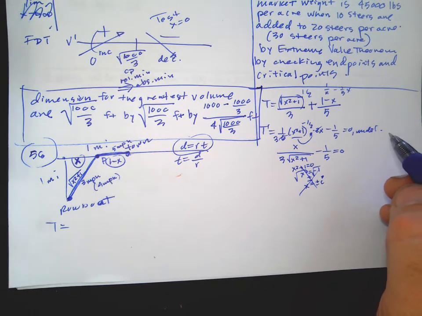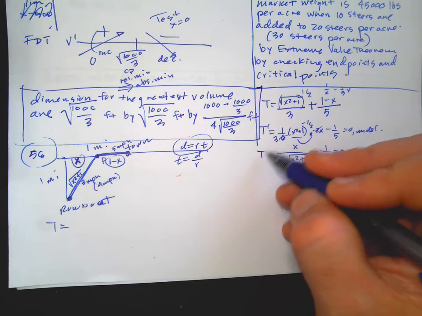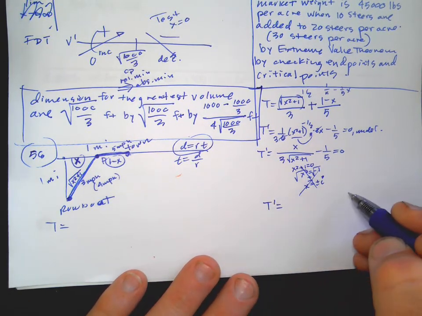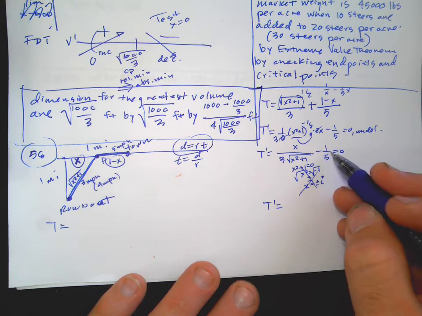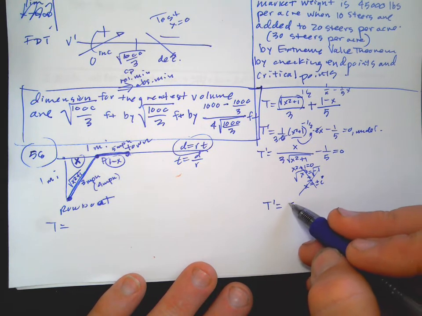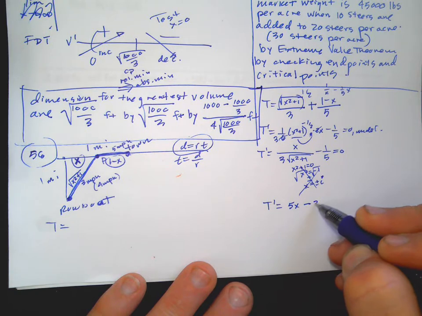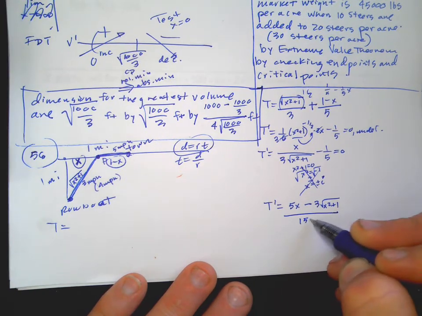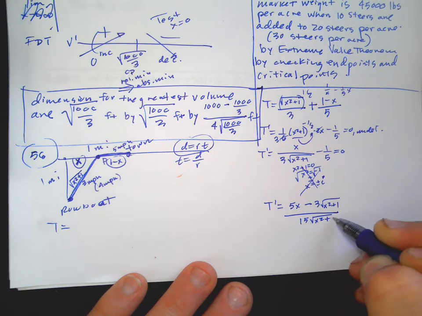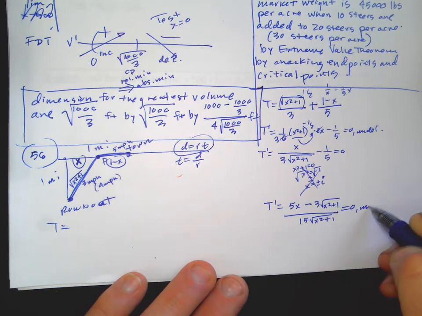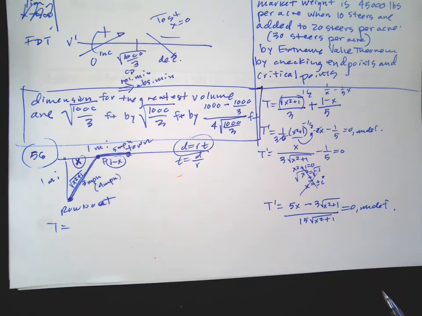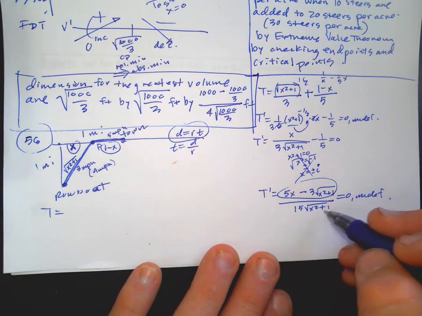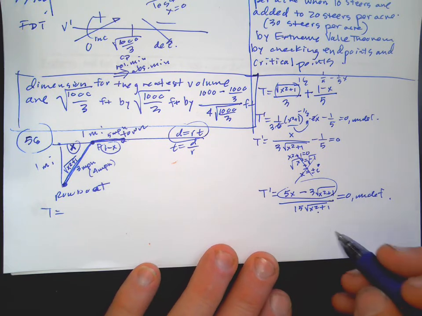We could also, by the way, combine these into a single fraction, which is a common strategy. You give them least common denominators, which isn't too hard. This would be 5x minus 3 square root of x squared plus 1 all over 15 square root of x squared plus 1. This is the top, so this would equal 0.